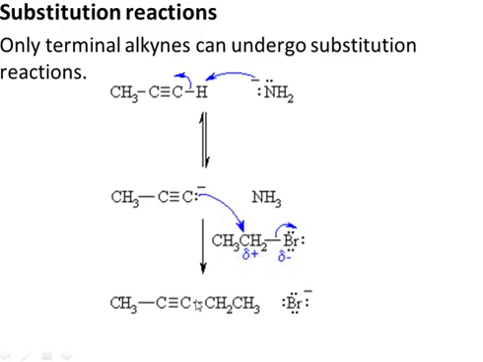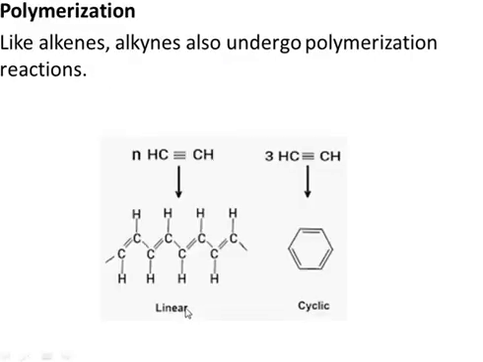Overall, we substitute this hydrogen with this ethyl group, right? Further, in a substitution reaction there is no change in hybridization. This carbon is sp and remains an sp carbon.